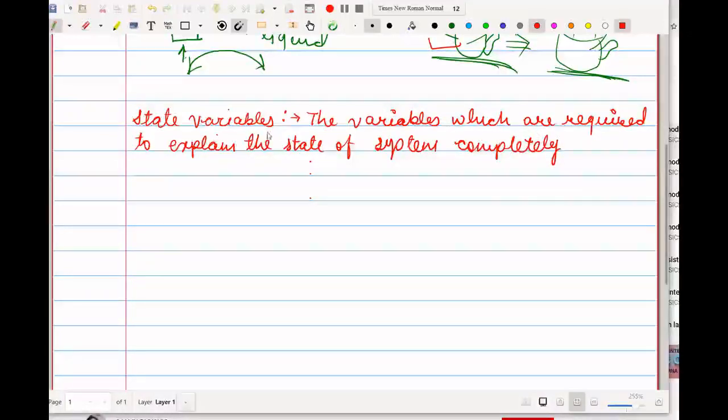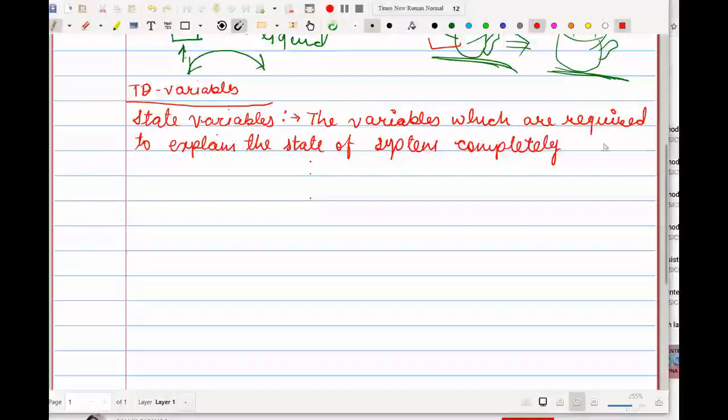So state variables, or as we sometimes call them, thermodynamic variables. What are thermodynamic variables?